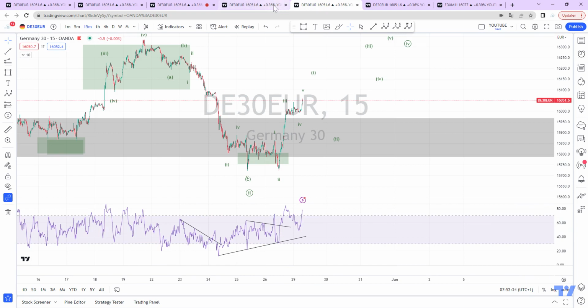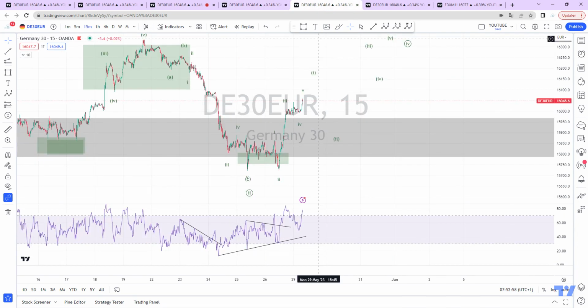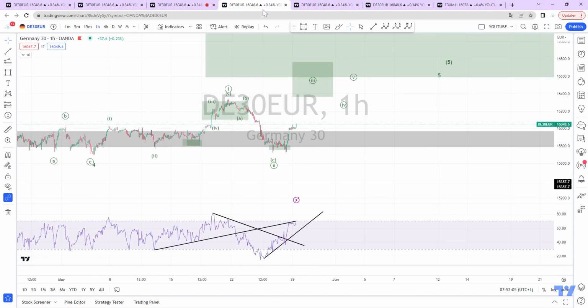Does that mean that we will fly higher till this area? There's also another scenario that could play out, and this is actually the most tricky scenario to monitor, because you do not have much clues about this. Let me explain.